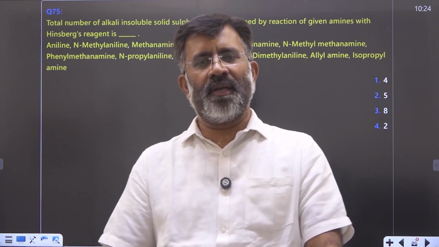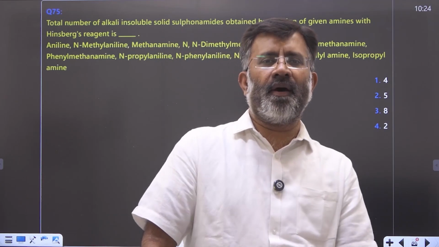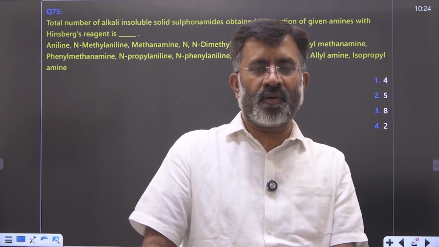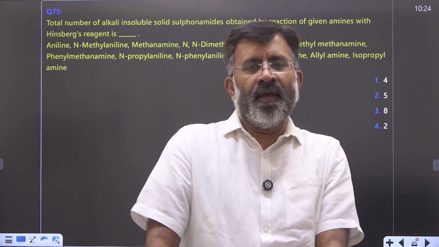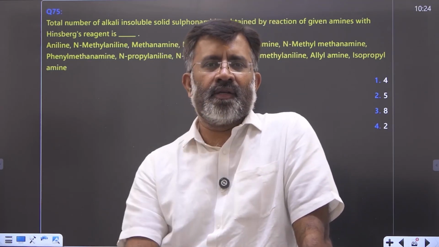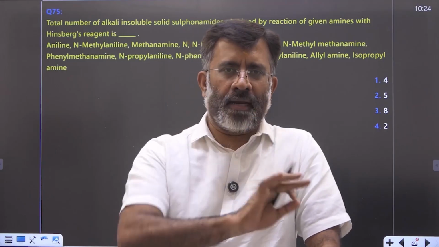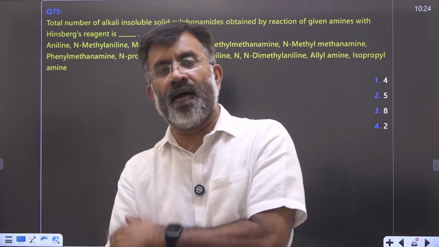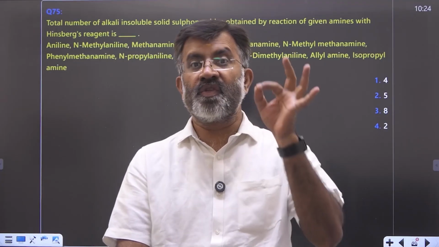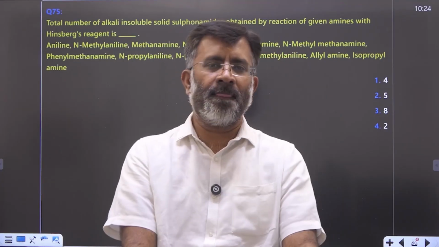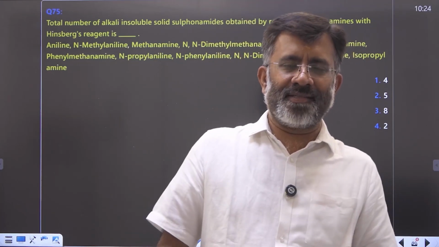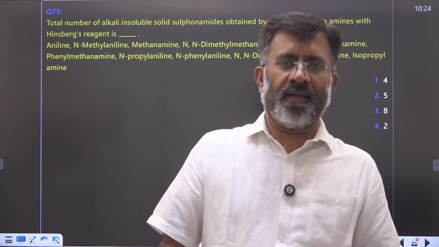Hinsberg reagent means benzene sulfonyl chloride or para-methyl benzene sulfonyl chloride, tosyl chloride, right? When you take a primary amine, it is reacting with the Hinsberg reagent, you get a solid product which is soluble in alkali. If you take a secondary amine, it is reacting with the Hinsberg reagent, you get a solid product which is insoluble in alkali. And a tertiary amine does not react with the Hinsberg reagent. Everybody studied that reaction.